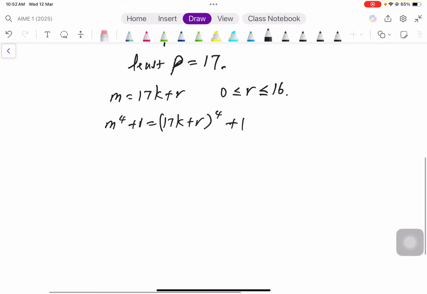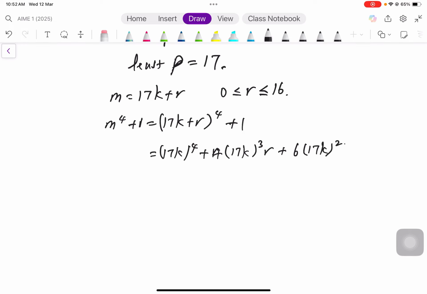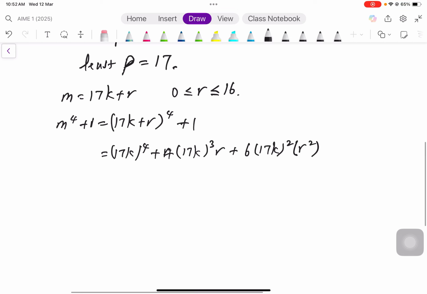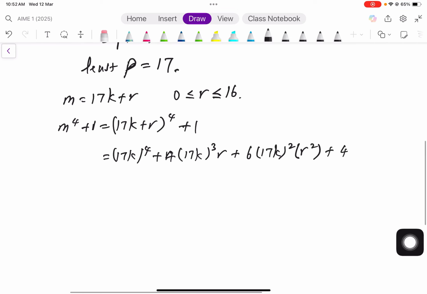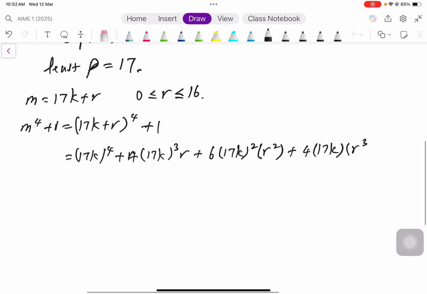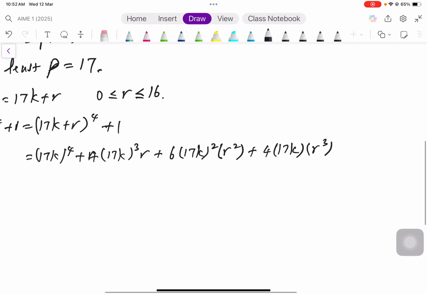You expand: (17k) to the power of 4, plus 4 times (17k) cubed times r, plus 6 times (17k) squared times r squared, plus 4 times 17k times r cubed, plus r to the power of 4, plus 1.